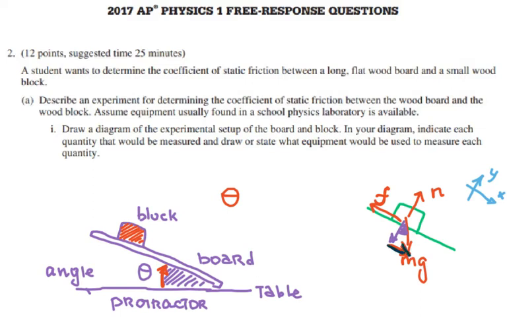So as long as this part, which is mg sine theta, is equal to the friction force. So if the friction force is greater or equal to mg sine theta, the block will not slide. As soon as the friction force is less than mg sine theta, the block is gonna start sliding.